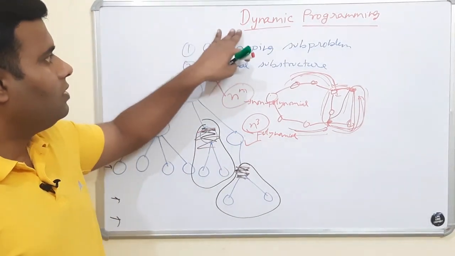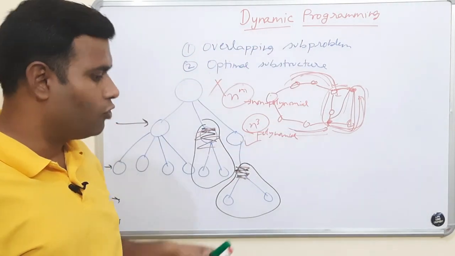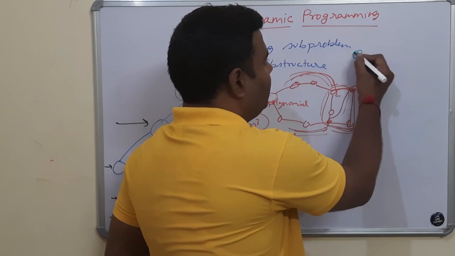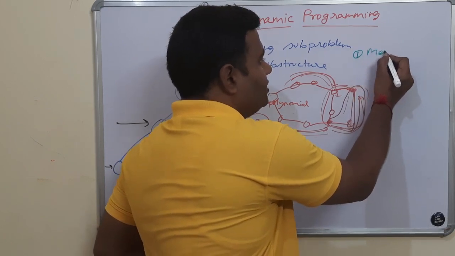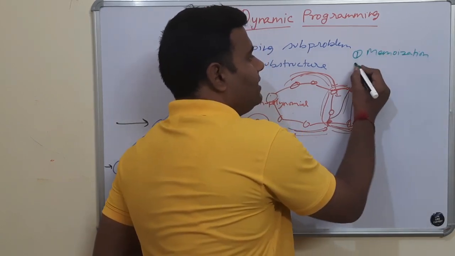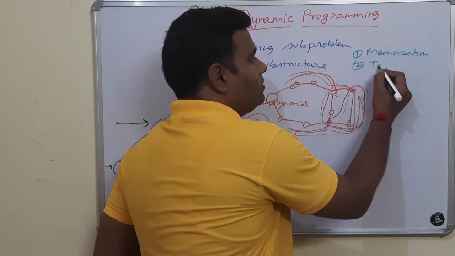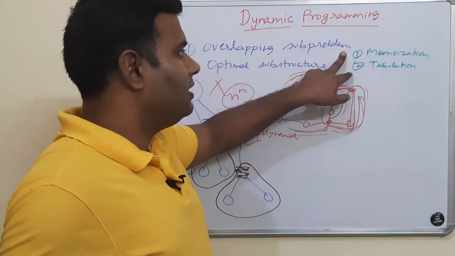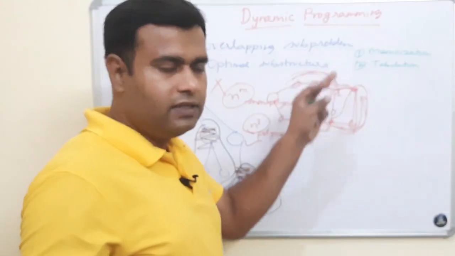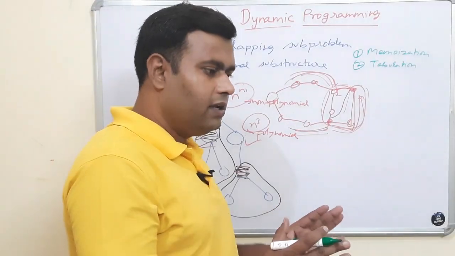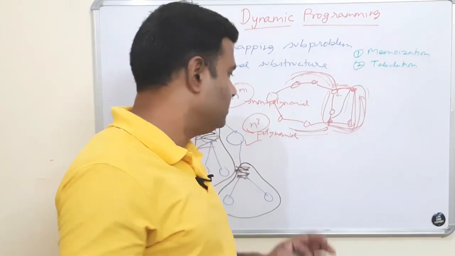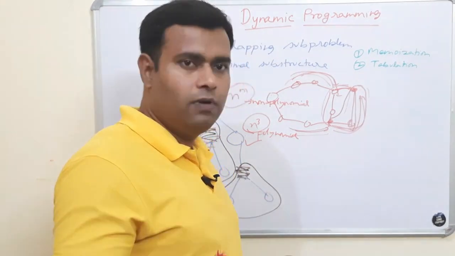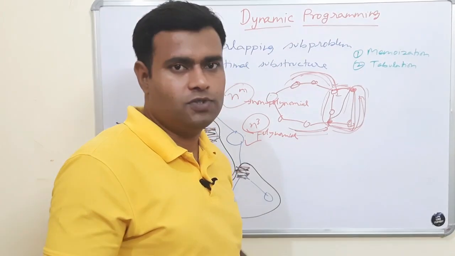Now let's talk about how we will solve dynamic programming using the two methods we have. First method is memoization and second method is tabulation. These are two different methods, but what they are doing is storing the results of these overlapping subproblems so that they can be reused when a new problem of similar type comes.